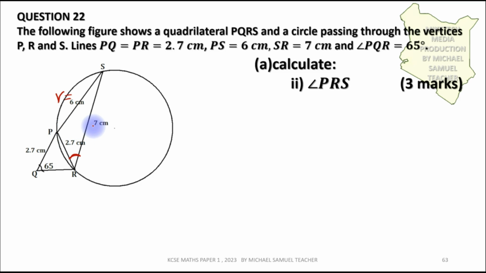Then this side is opposite vertex P, so p is equal to 7 centimeters. And PR is opposite vertex S, so s is equal to 2.7. I hope that is clear. Whatever we are looking for, angle R, that's what we are looking for.